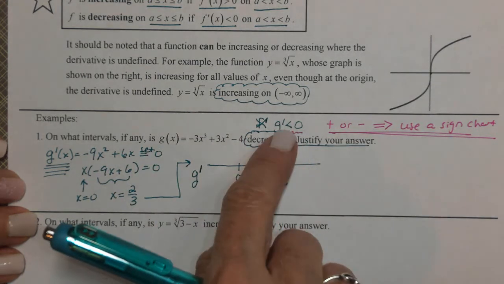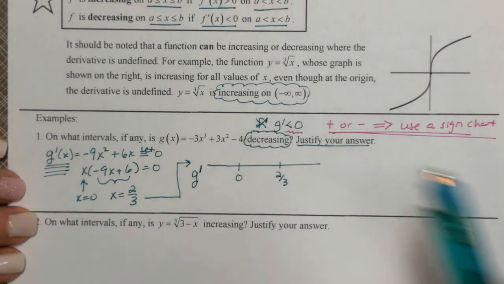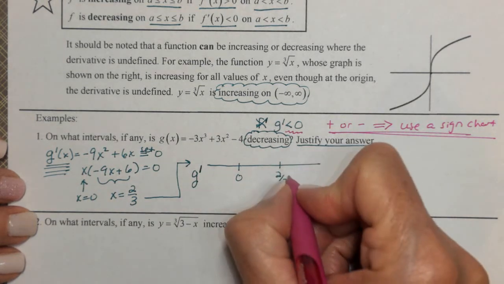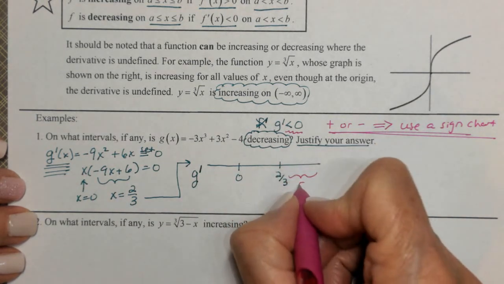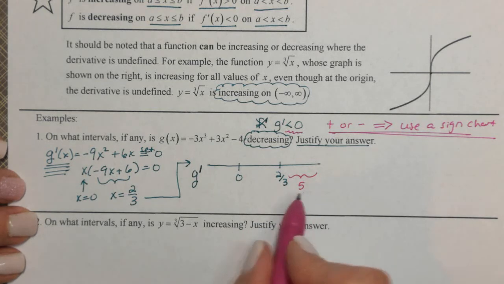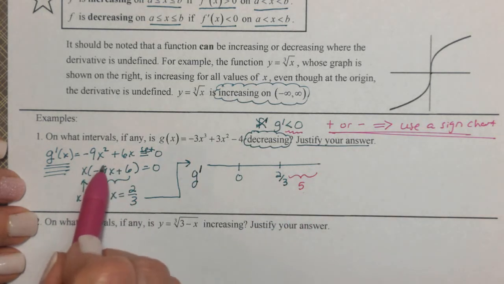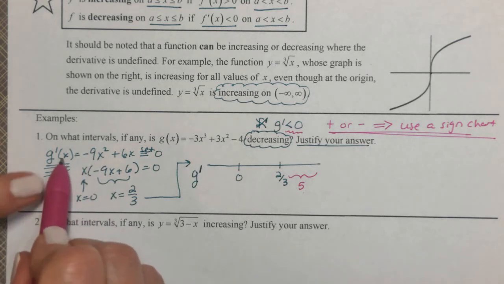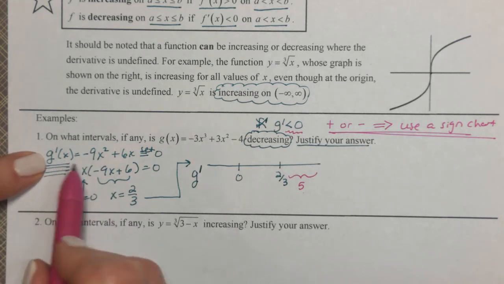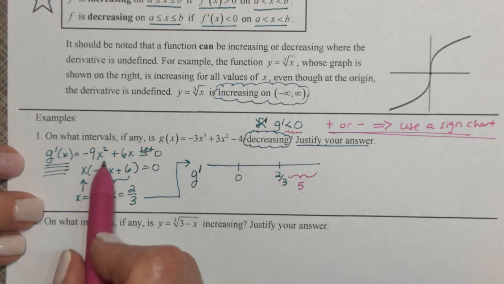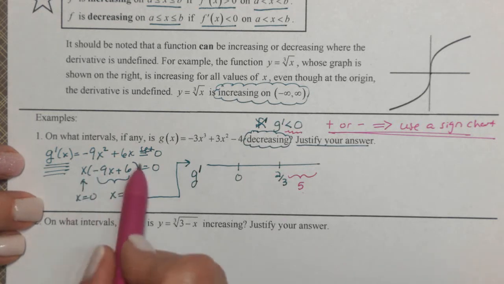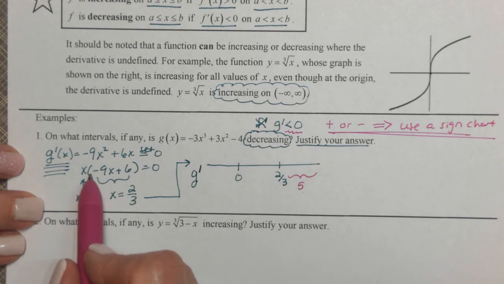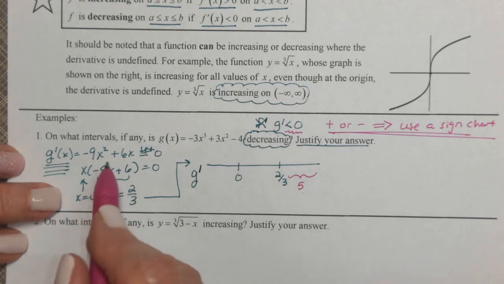Let's test a number in this interval, like 5. I'm going to put 5 into any of my x's in g prime. I'm finding g prime of 5. It's almost always convenient to put it into the factored form.